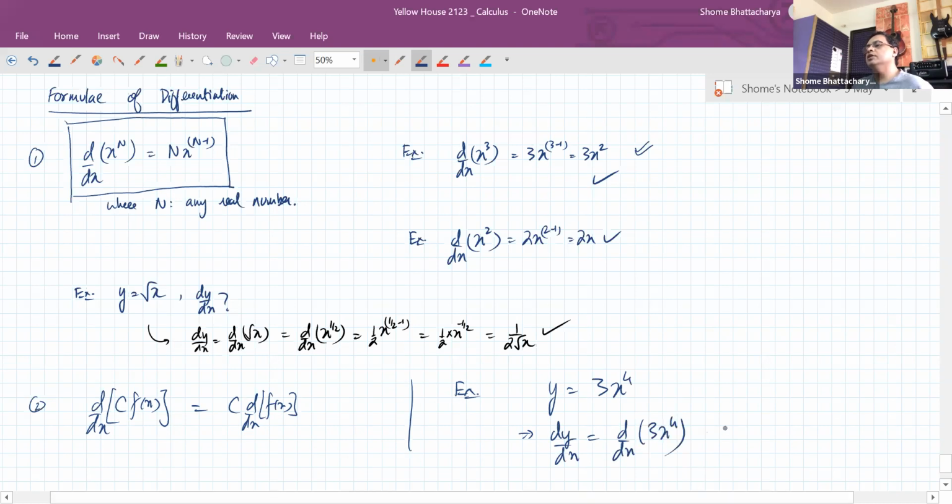Now 3 is a constant here, so 3 will come out. So it will become 3 into differentiation of x to the power 4. And for that, we'll again apply the x to the power n rule. So this will become 3 into nx to the power n minus 1. As you can see, this will become 12x cubed. So dy by dx in this case will become 12x cubed. This is how we apply this.